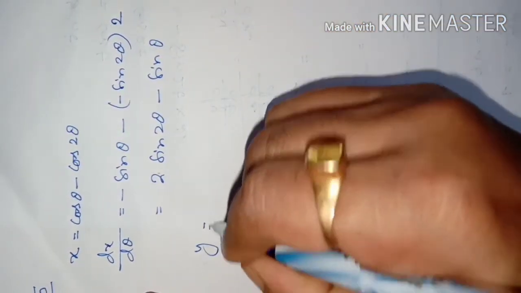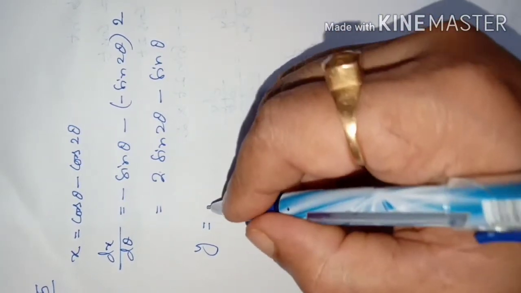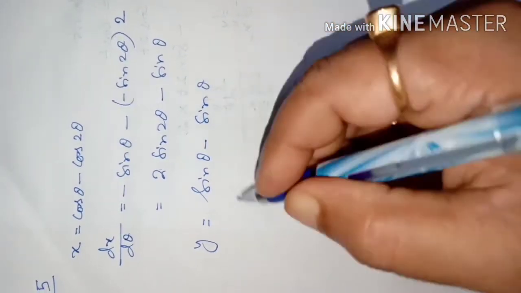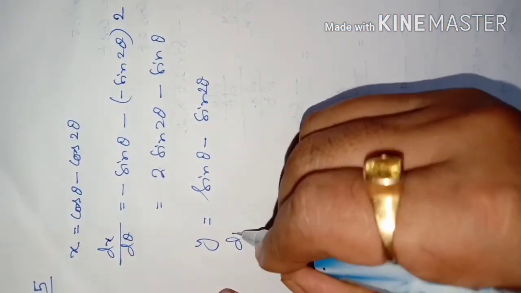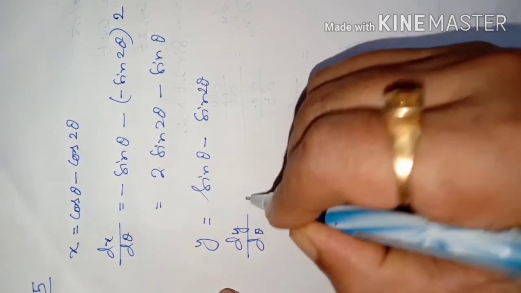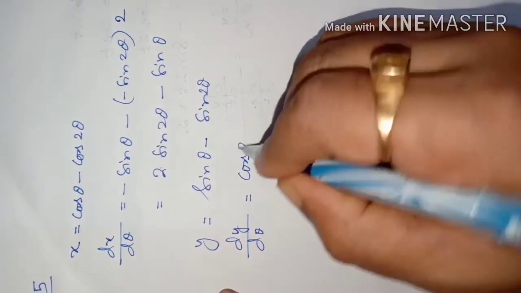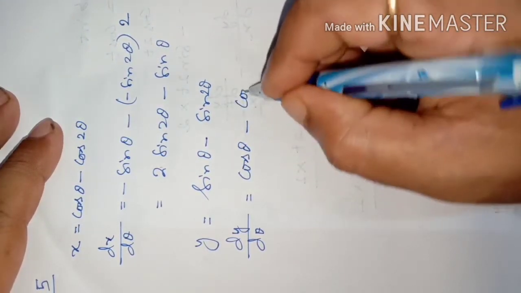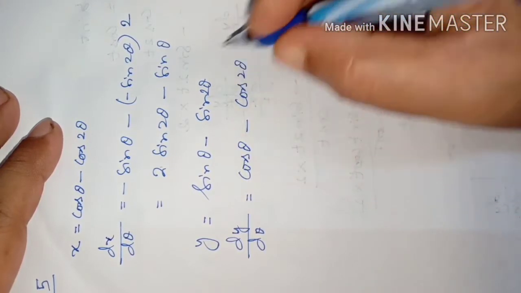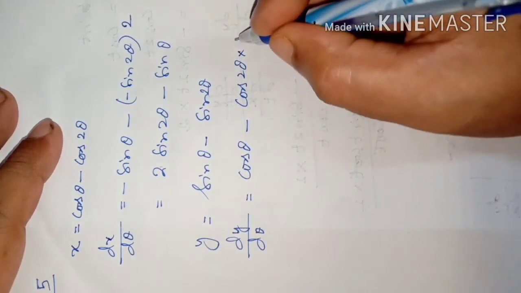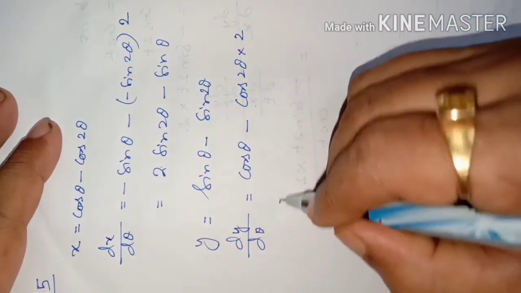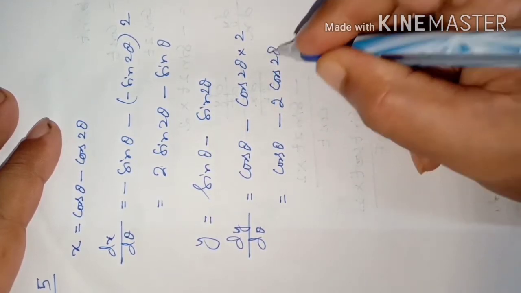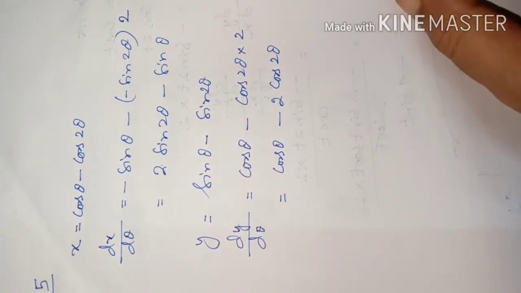y is given as y equal to sin theta minus sin 2 theta. Therefore, here also dy by d theta is equal to sin theta's derivative cos theta, minus sin 2 theta's derivative cos 2 theta, and 2 is there, 2 theta's derivative is 2. So the result will be cos theta minus 2 cos 2 theta. Now dy by dx.